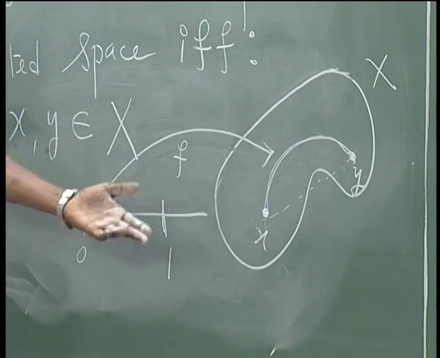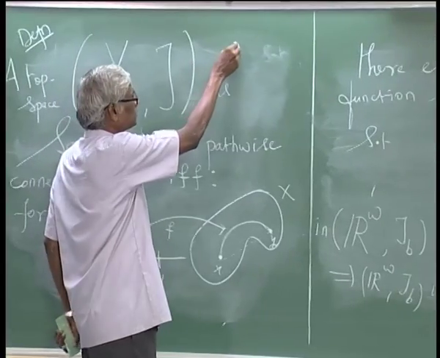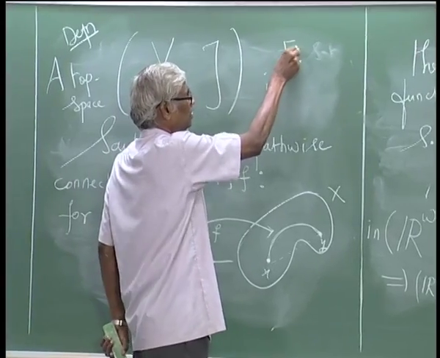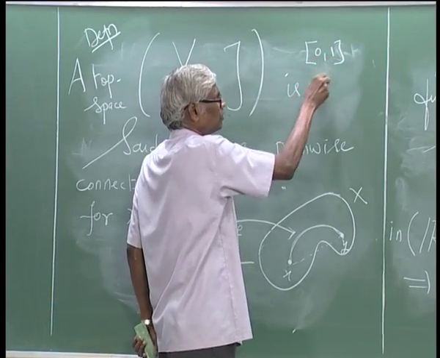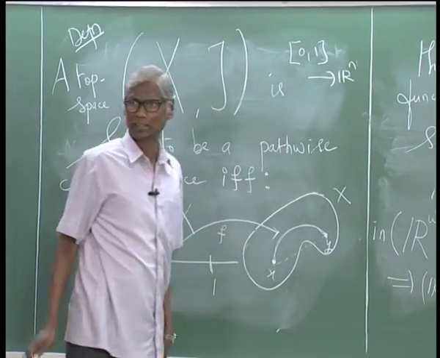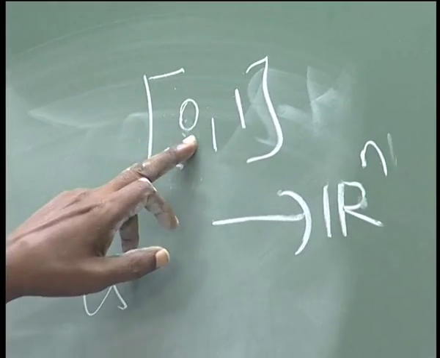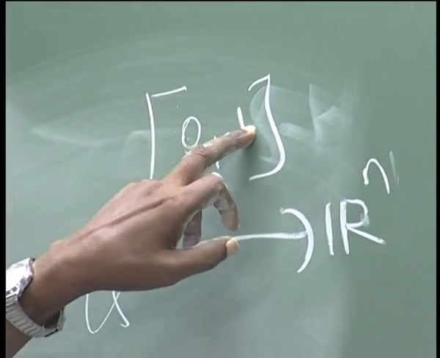That is how we define a curve in a plane: just a continuous function from some closed interval, in particular [0, 1], to Rn. That is a curve joining the point f at 0 and f at 1.